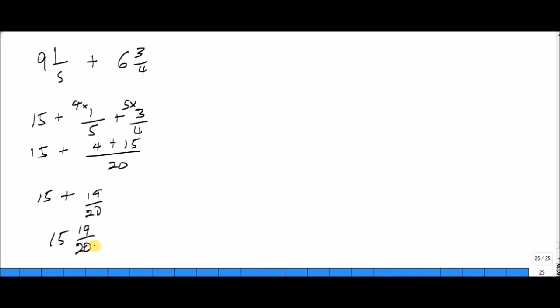Okay. Still on page 51, now we look at subtraction. They gave us 8 and 4/5 minus 2 1/2. We say 2 from 8 would be 6. We would have 6.